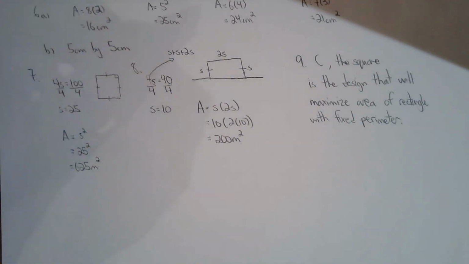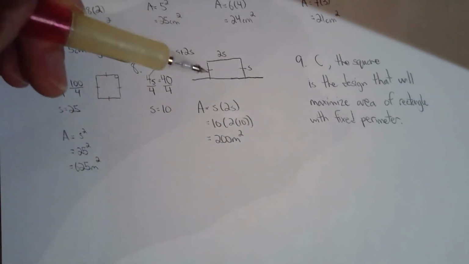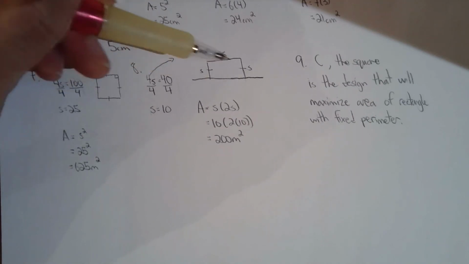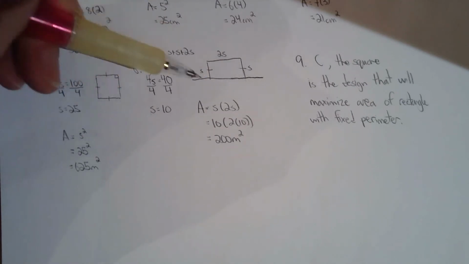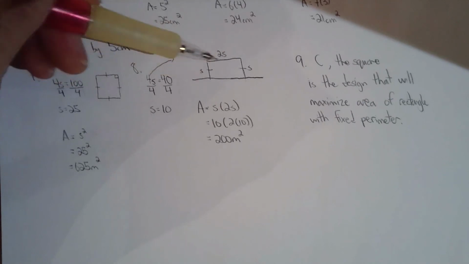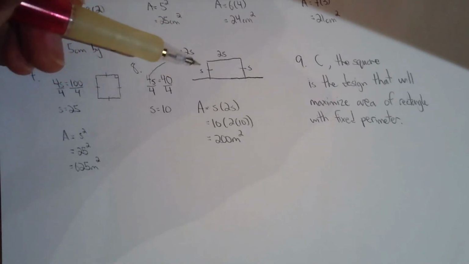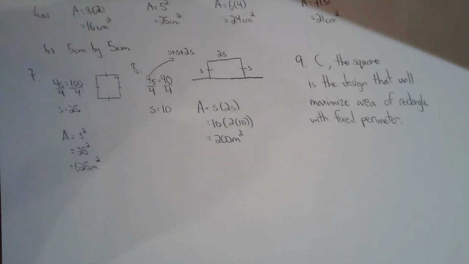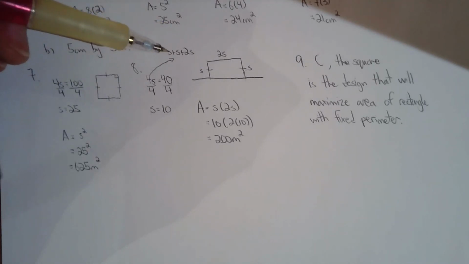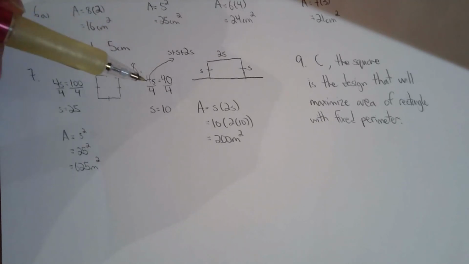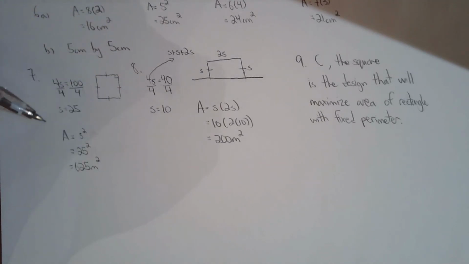are touching the hedge. So if this is S, this is 2S, and this is S, then the amount of fencing you're using to fence off the 3 sides of this rectangle is S plus 2S plus S. And if you collect those like terms, which these are, then it's 4S.